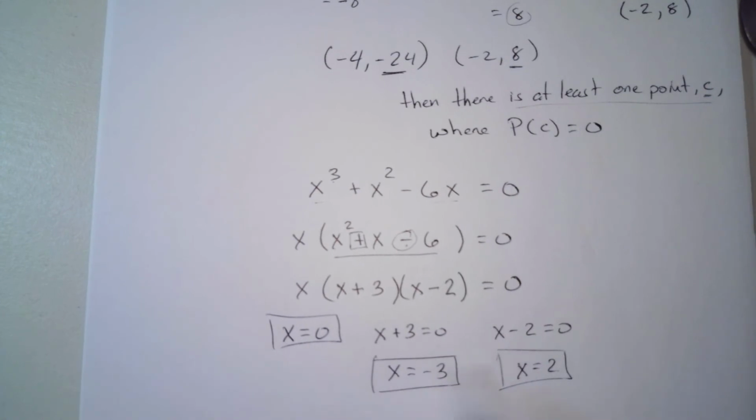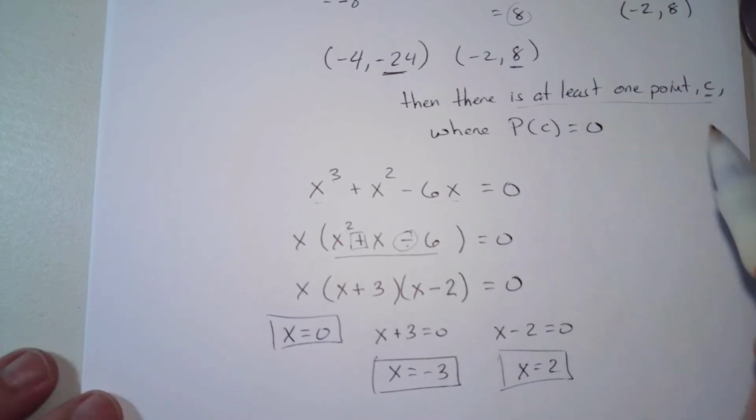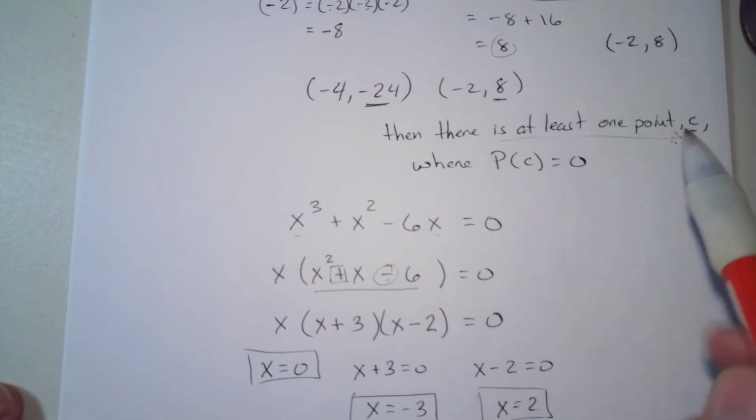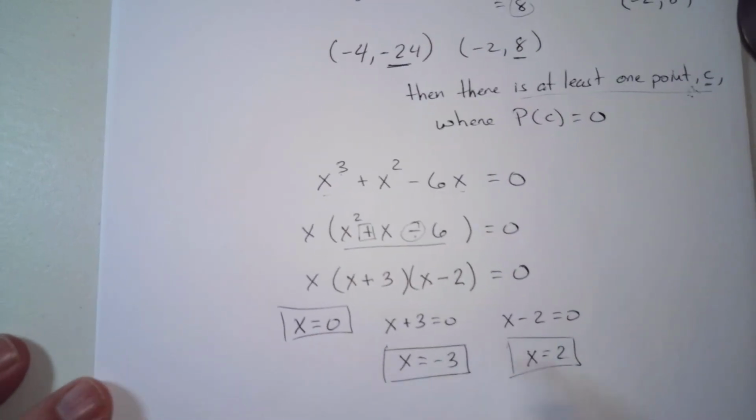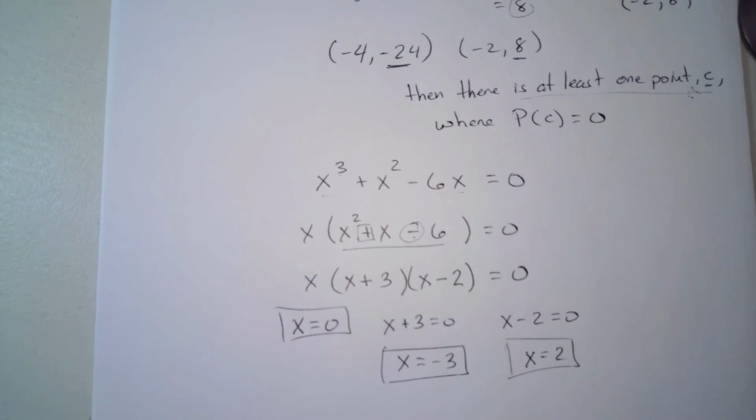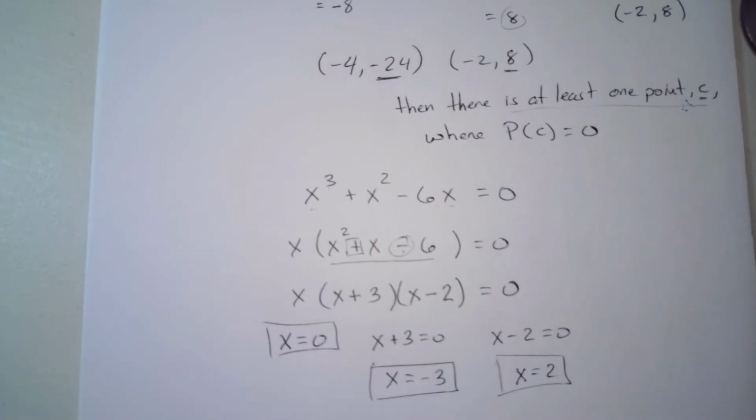Each of these are my C points, the points where it crosses the x-axis. And this tells us that I'm going to have at least one. I have 3 of them. Okay, so that's what that tells us.